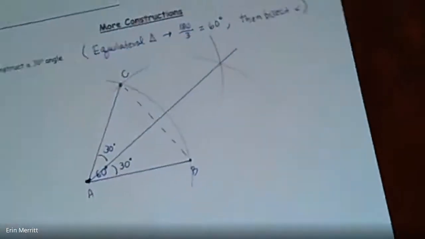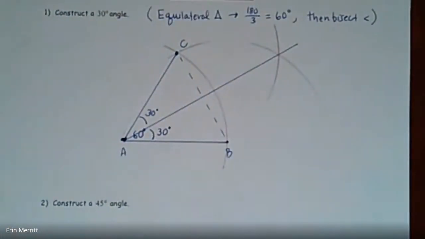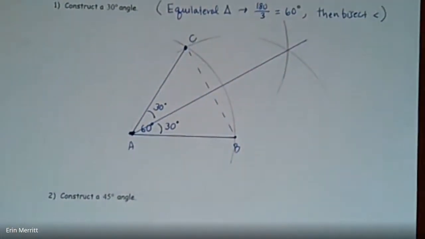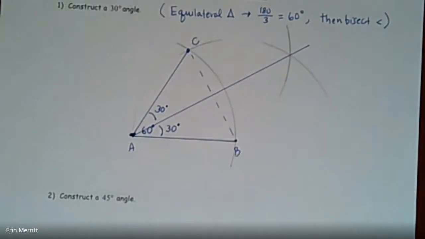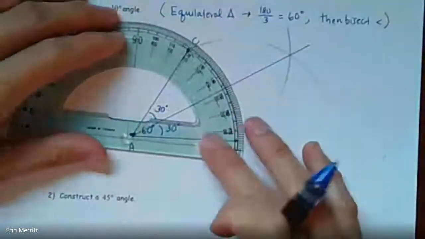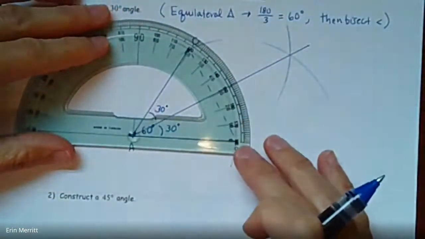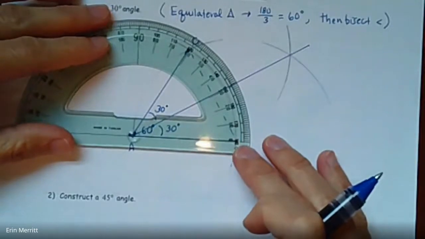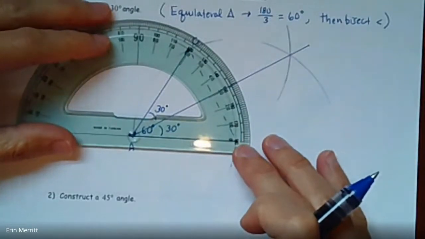Now, could we get a protractor out and check it? Sure. Do we have to? No, because we're basing it on it should work. Now I happen to have a protractor here, so let's double check and see how I did. So I'm going to line this up. This is at the bottom. Let's see if it's looking good. And I'm looking pretty good.